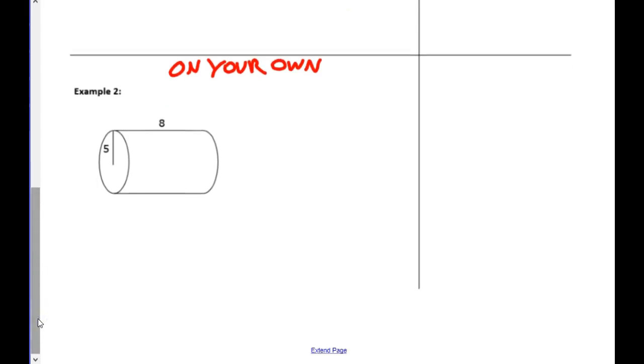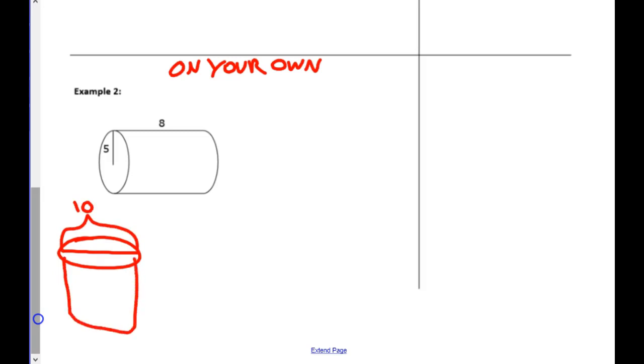Now let me do a quick example, just off to the side here. Okay, if you saw something like this, a cylinder looking like this, what would your r be? In this one I drew right here, your r would be 5, right?